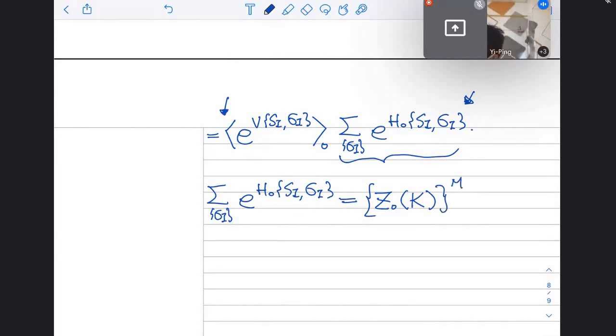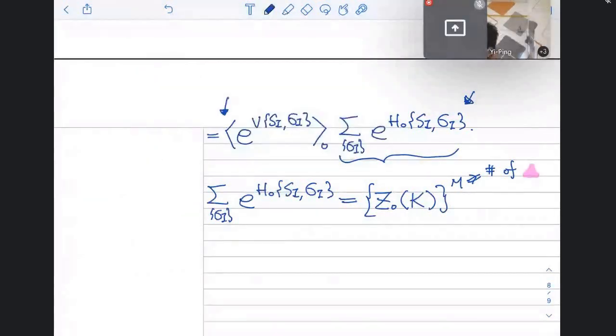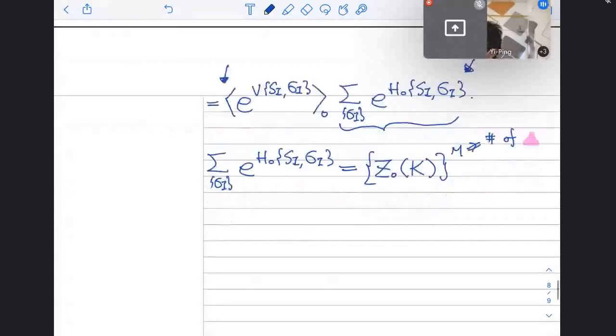This m is just the number of plaquettes. For one triangular plaquette, the partition function is basically defined like this.